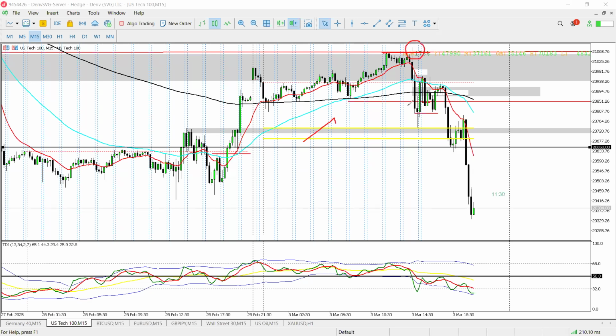Then we had the first lower low here. Then price retraced up, gave us a lower high here. Push down, gave us a lower low here. This was approaching 8 p.m. GMT plus 2. So it is at this point that we were anticipating a lower high and a potential continuation for price to give us a lower low.